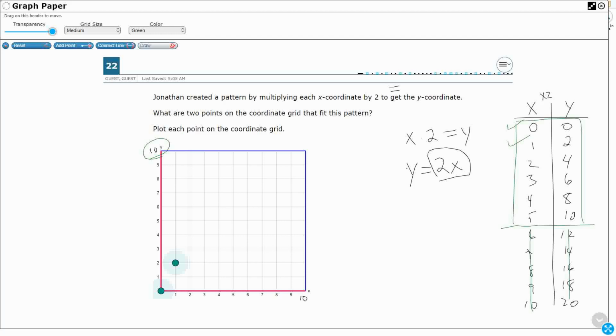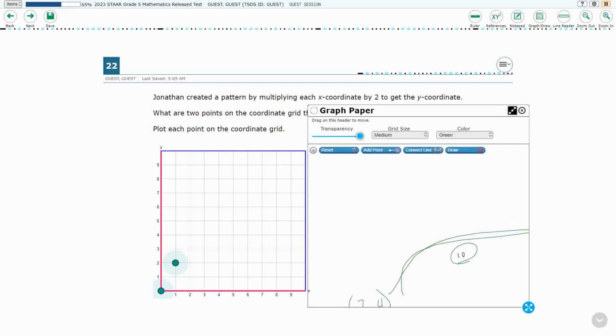I could also do 2, 4, and 3, 6. What I want to think of here is how do I translate these into actual ordered pairs. So this becomes 2, 4, and then 3, 6.